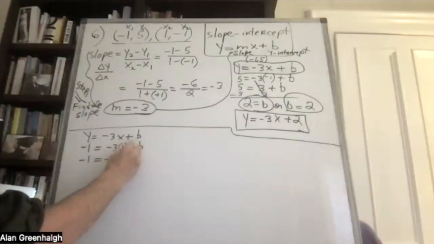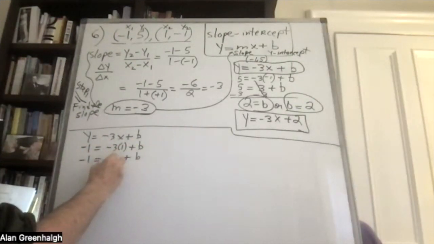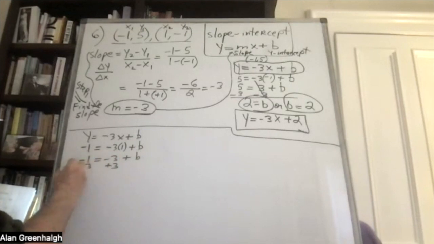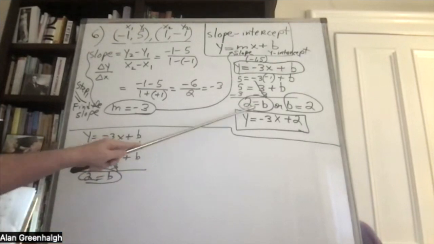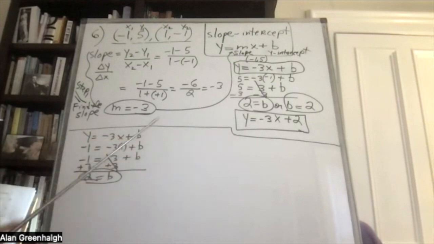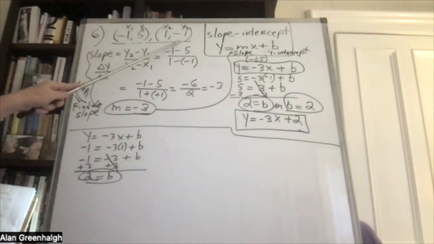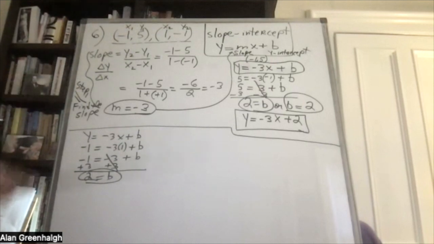And then worked it out. Same answer. b equals 2, b equals 2. Didn't matter. Could have used the first point, could have used the second point. I picked the first one. I don't know why. Because it was first. Thank you, Professor. You're welcome.